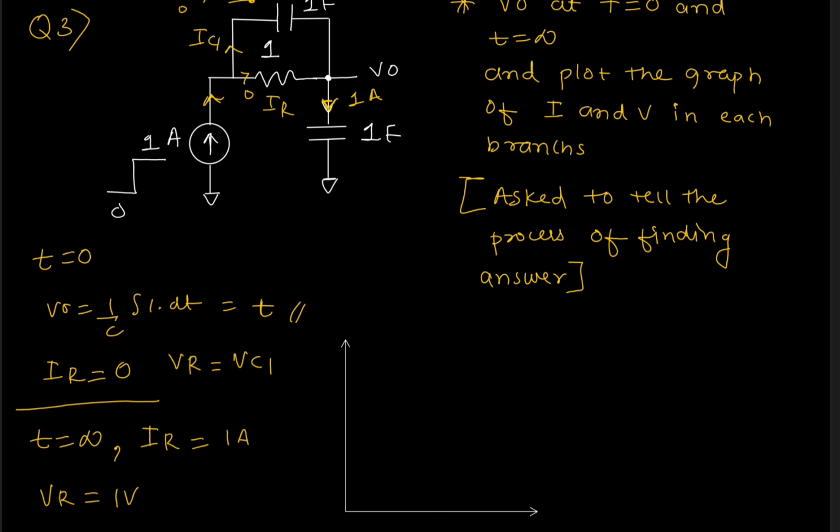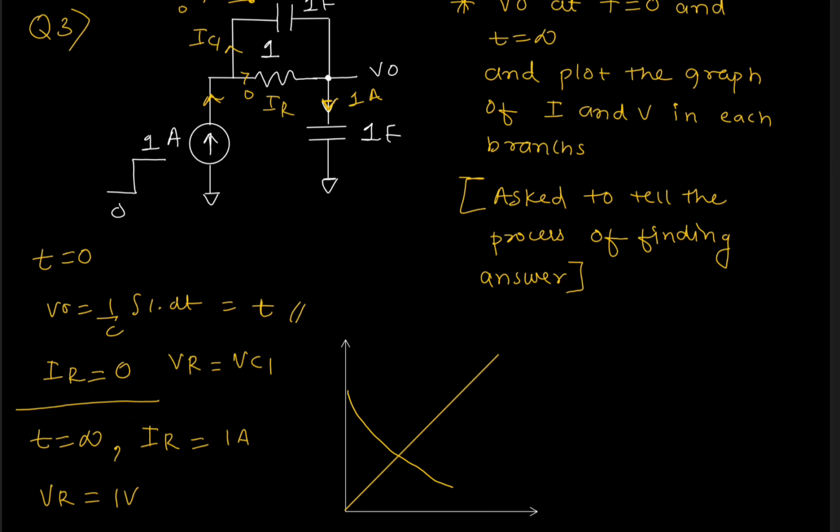Okay, so now we'll plot it one by one with this analysis. First plot V0. V0 is a straight line. There will be no issue in that. But IC1, first IC1 is 1 ampere, and then it starts to decay. It starts to decay to 0 ampere.